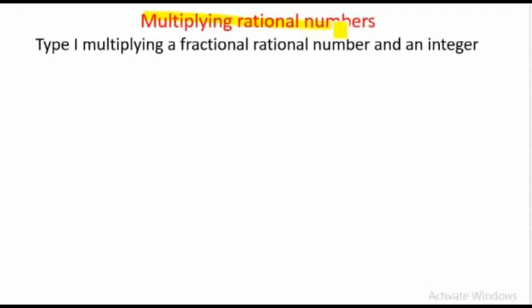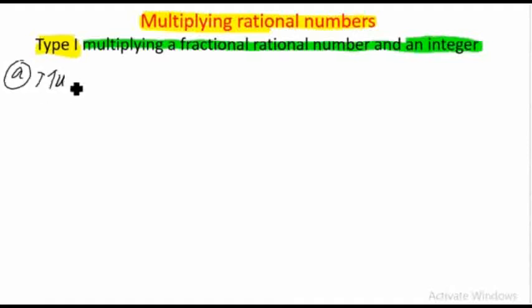Multiplying rational numbers. Type 1. Multiplying a fraction in rational number and integers. Now let's take first example.